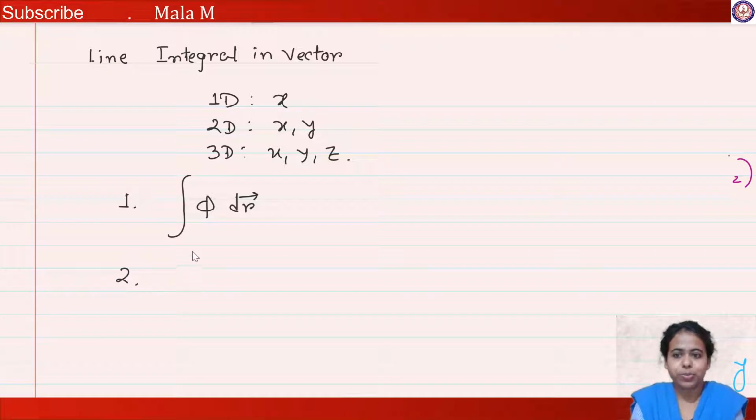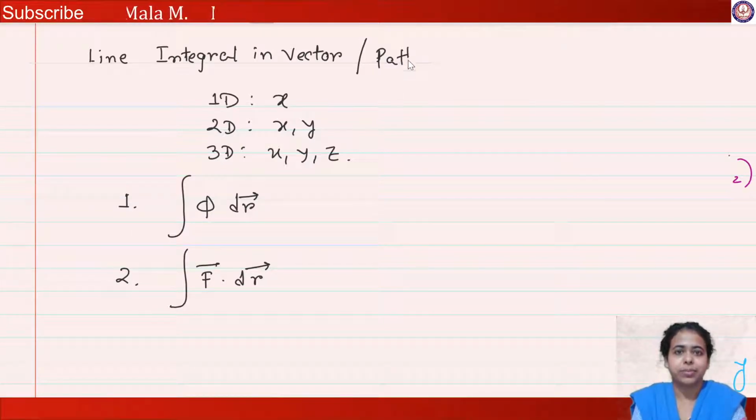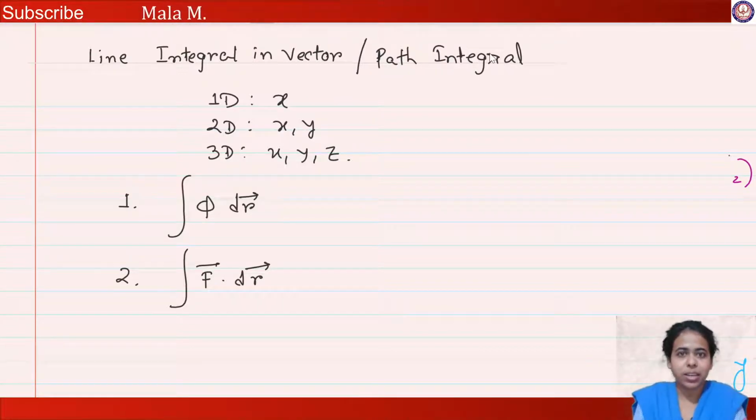Number 2, integrating the dot product of two vectors, where the first vector is the function and the second vector is the line or the path. So line integral is also called path integral, since we are integrating along a path.